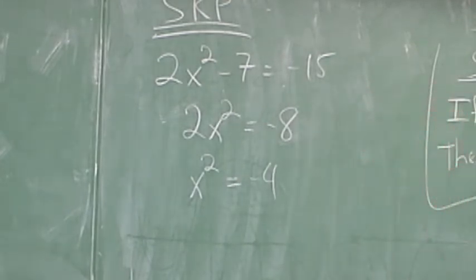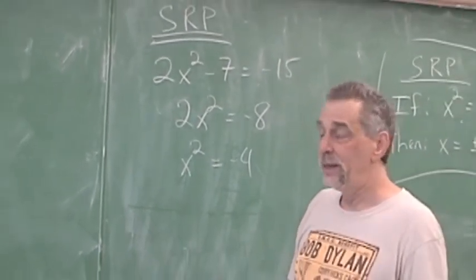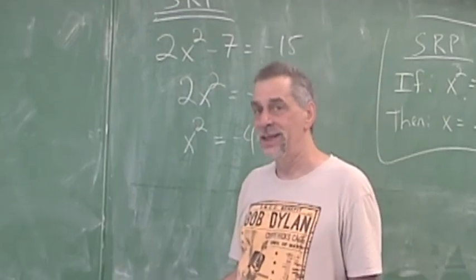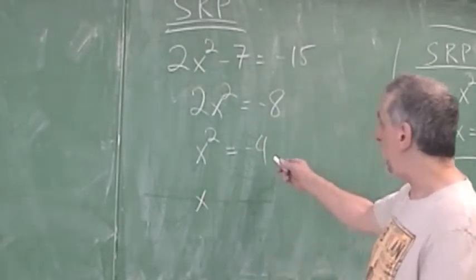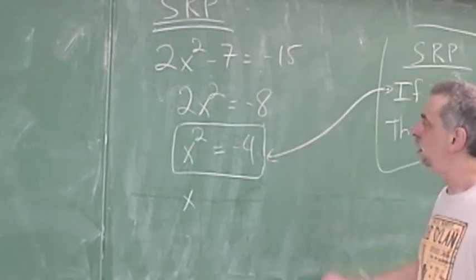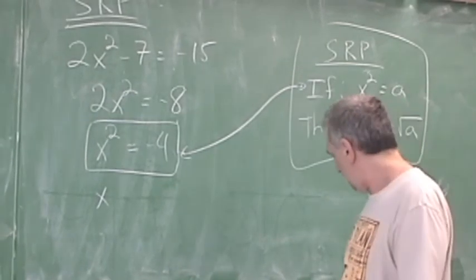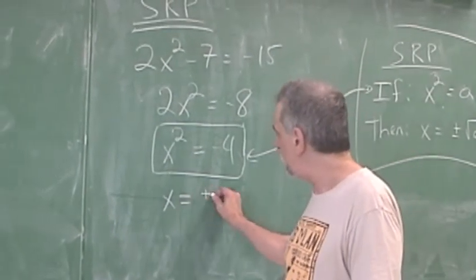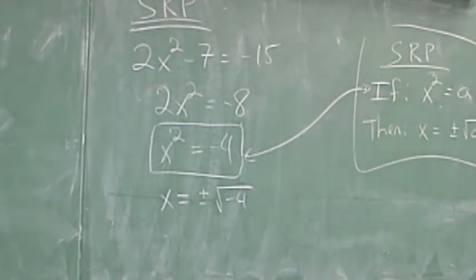Now you start to see that we're not going to get a real answer here, but that's okay. Remember we said we have those 3 cases. We can accept imaginary or complex number answers. So now we have the if statement that we wanted. Now we can go to this part and say x equals plus and minus the square root of negative 4.